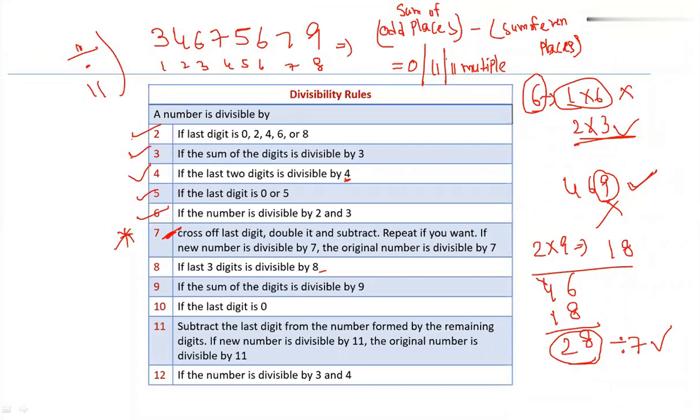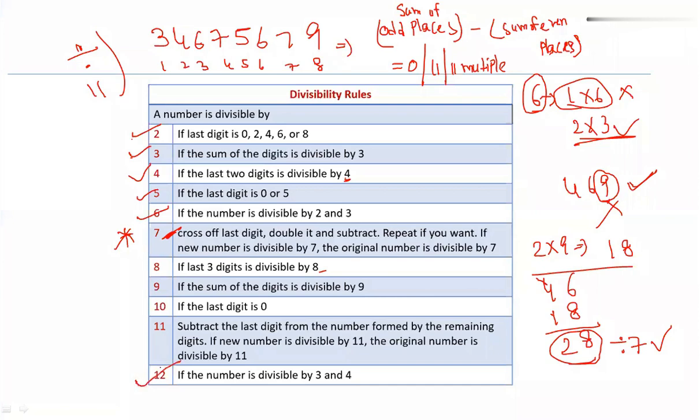If the final value is 0, then the number is divisible by 11. If the difference is a multiple of 11, or is 11, then it is divisible by 11. So that's the point, guys.